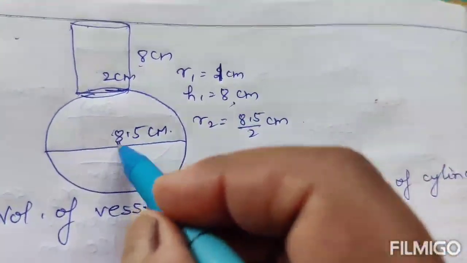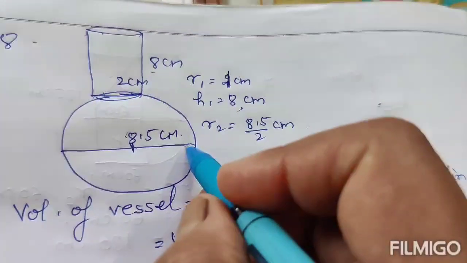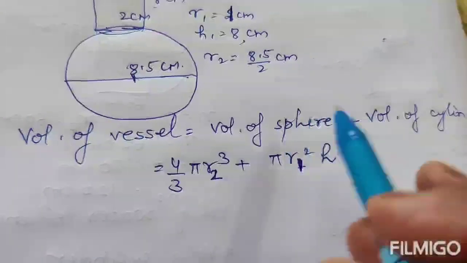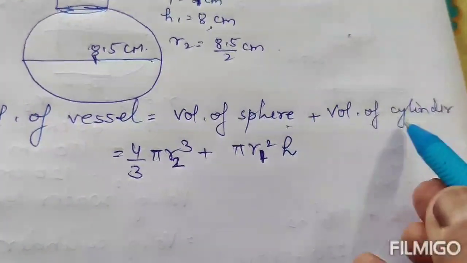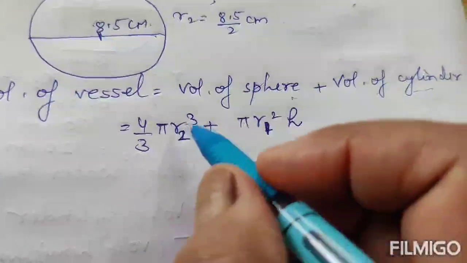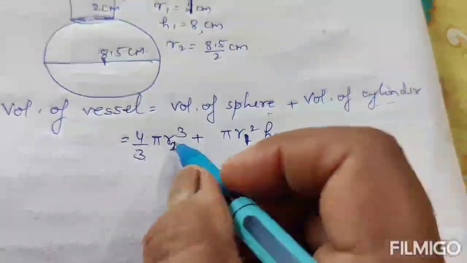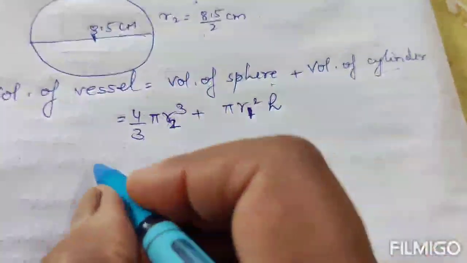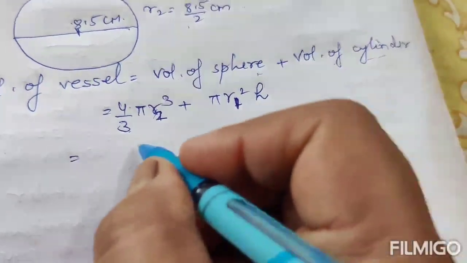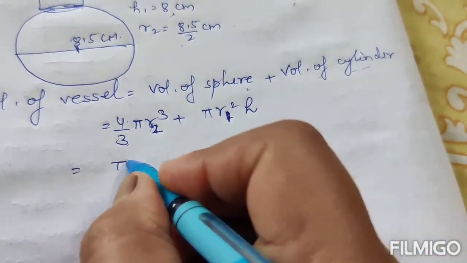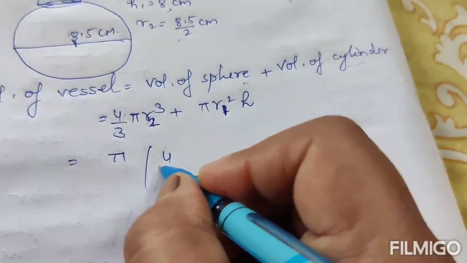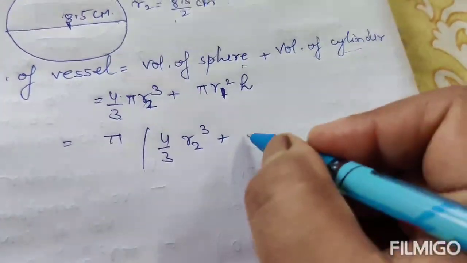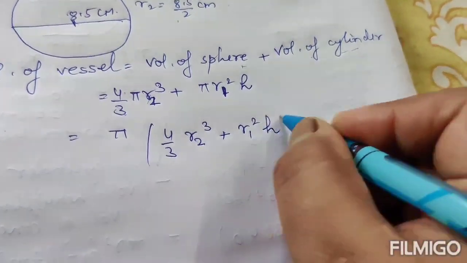And diameter is 8.5 cm of spherical portion. The radius equal to 8.5 by 2. The volume of vessel equal to volume of sphere plus volume of cylinder. Volume of sphere equal to 4 by 3 pi r2 cube plus pi r1 square h. Now taking pi common, 4 by 3 r2 cube plus r1 square h.